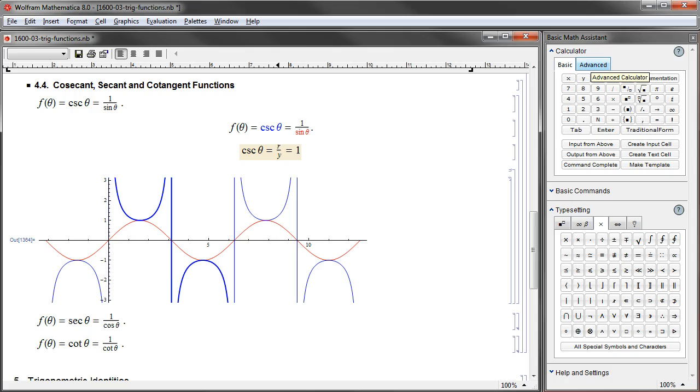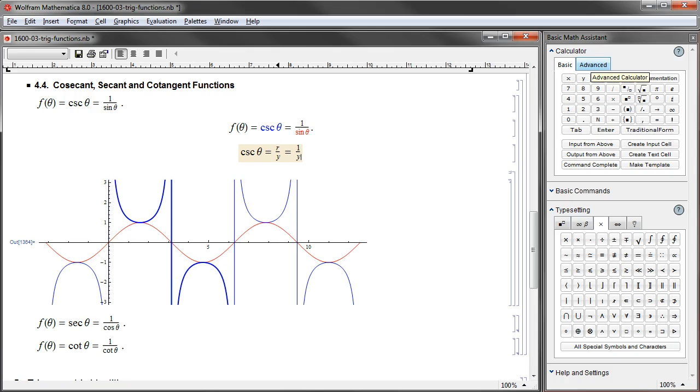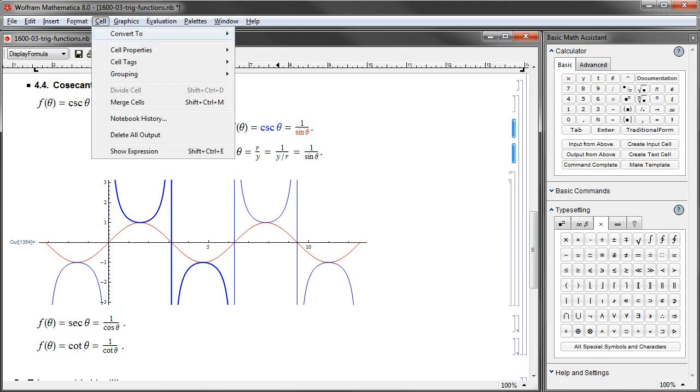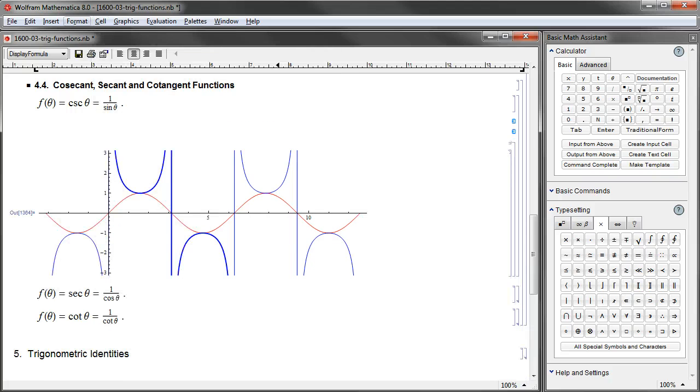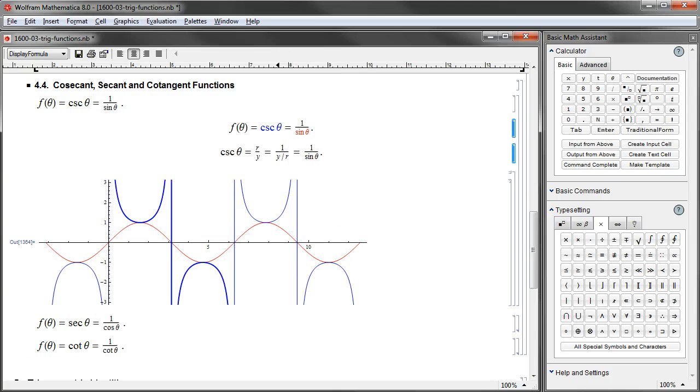And that's the same as 1 over y over r, which is 1 over sine of theta. So with really simple algebraic manipulation, we just proved that cosecant is equal to 1 over sine of theta.